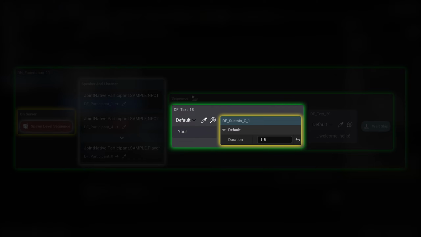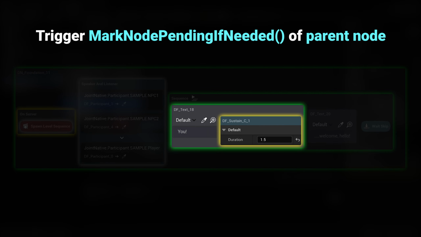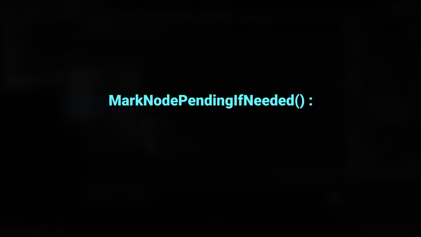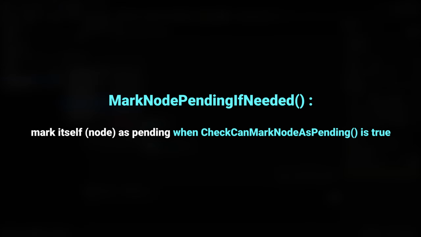When a node is marked as pending, it will trigger the mark node pending if needed function of its parent node, which will try to mark the parent node as pending by the condition. The way the function works is simple. It will mark the node as pending if the function check can mark node as pending returns true.